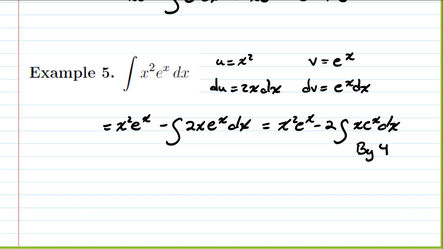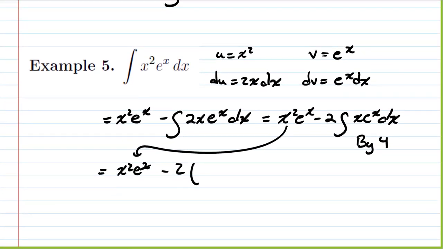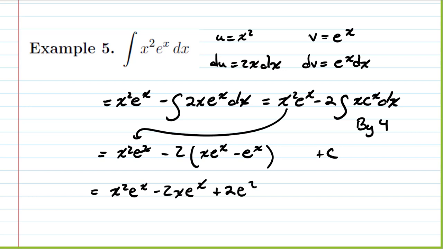So by 4, our answer is going to be x squared e to the x minus 2 times the answer we had up here, which is x e to the x minus e to the x plus our constant. So we clean that up: x squared e to the x minus 2x e to the x, minus makes it plus 2 e to the x.